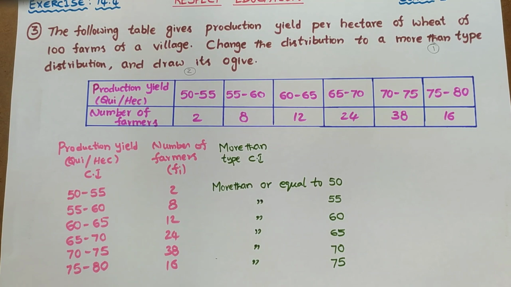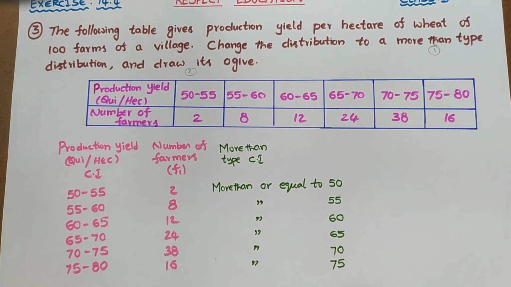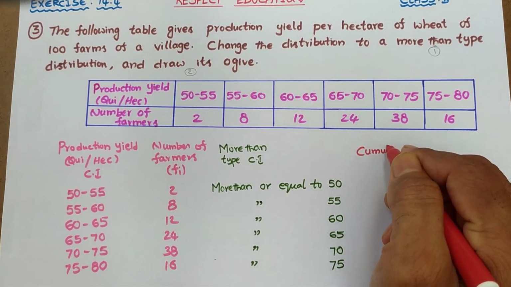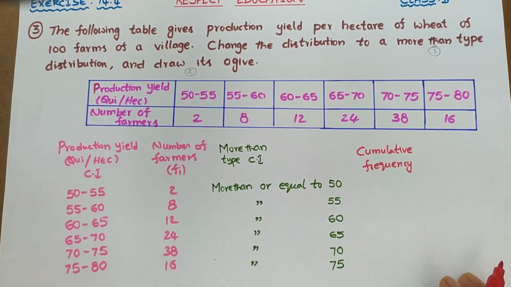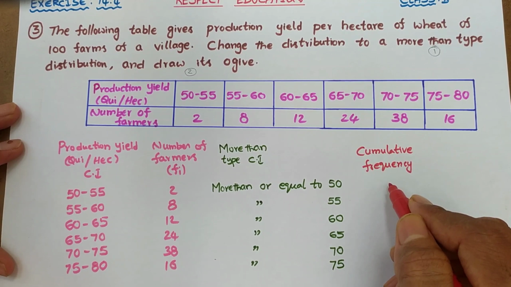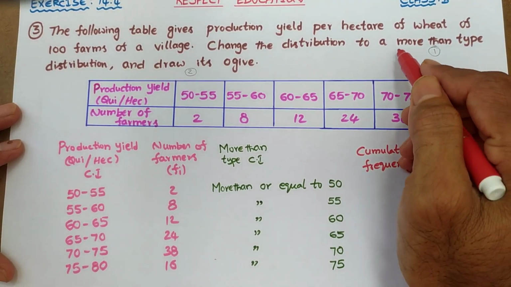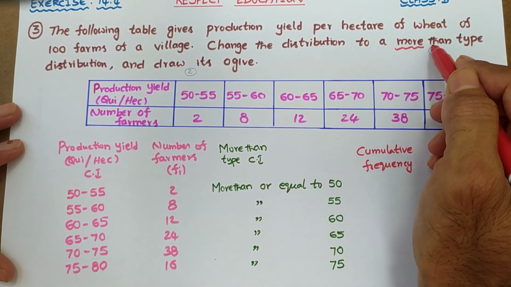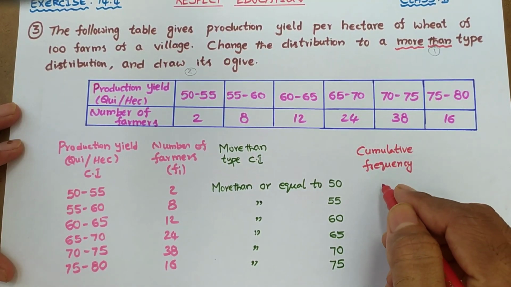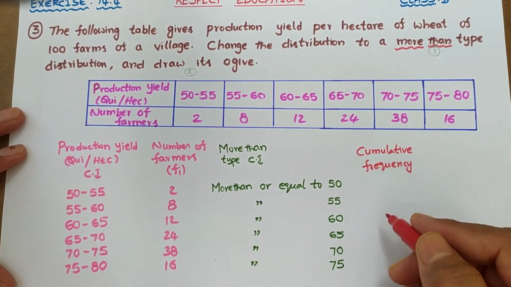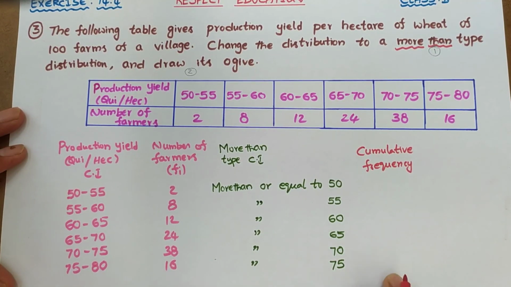Now we are going to find the cumulative frequency. Here you need to understand that for the more than type, more value is required. That is the reason we can start adding from the bottom.